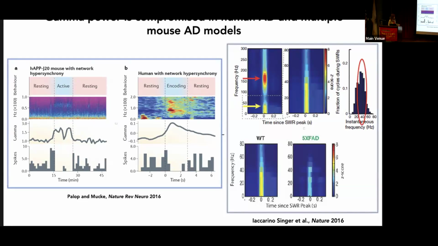There we were able to show that gamma band oscillation centered around 40 hertz is already reduced in these early stage, 3-month-old 5xFAD mice compared to the wild type littermates.